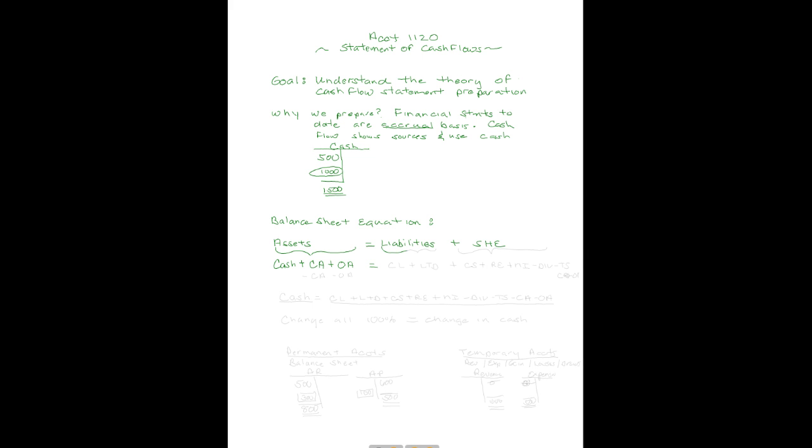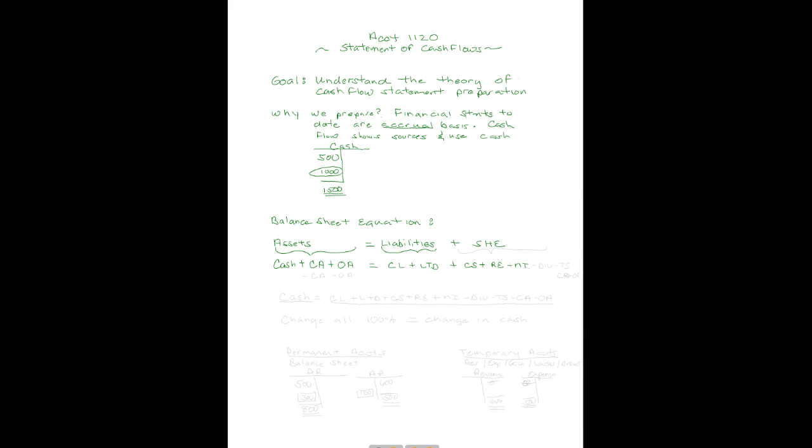Now let's expand the liabilities. I want to pull out current liabilities from long-term debt, and now let's expand stockholders' equity. We'll have common stock. I'm going to leave out preferred stock, though I could put it in easy enough. We have our common stock accounts. We have our retained earnings accounts.